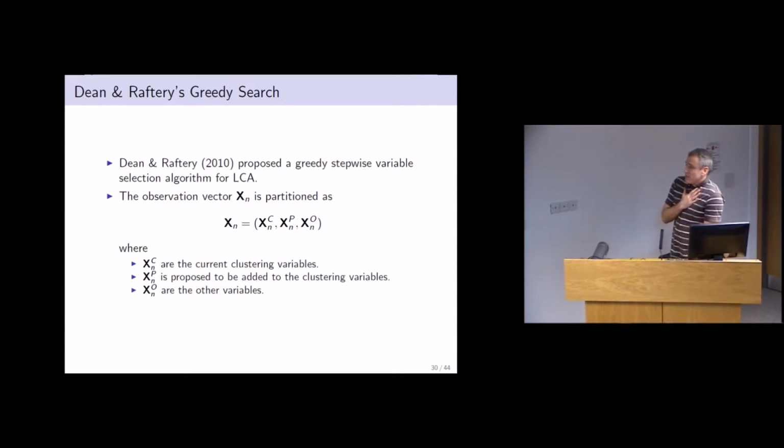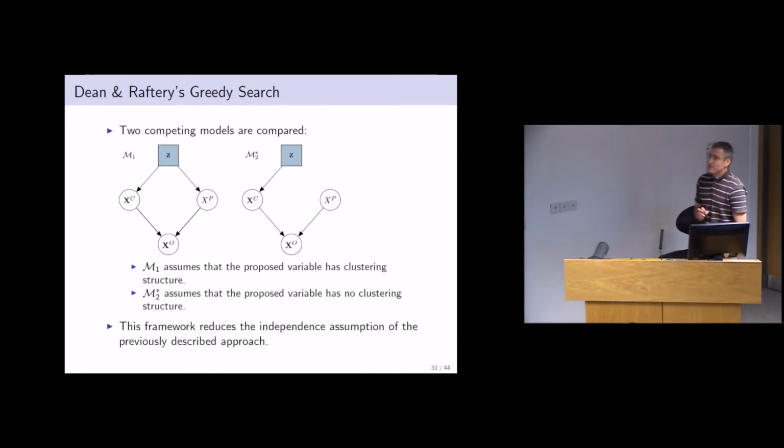So when we have our data vector, the M variables, we're going to partition it into three sets. We're going to have the set of variables we currently consider to be clustering variables, the variable we're proposing to add to the set of clustering variables, where we want to decide, should we add it or not, and then the other variables. And I'm going to use fewer equations in this part.